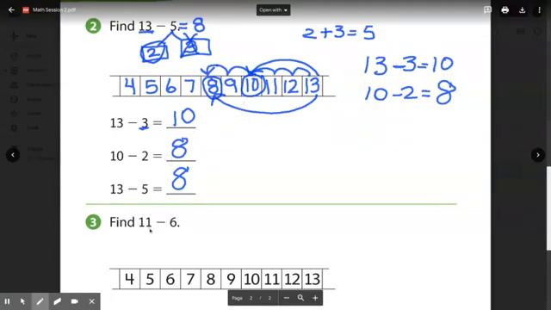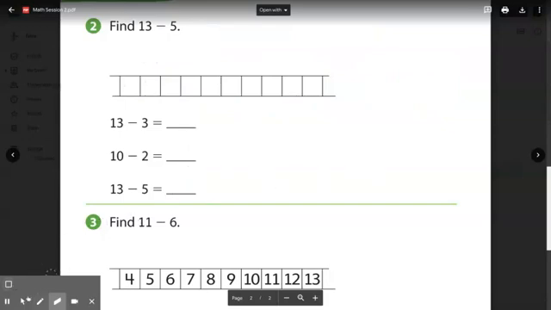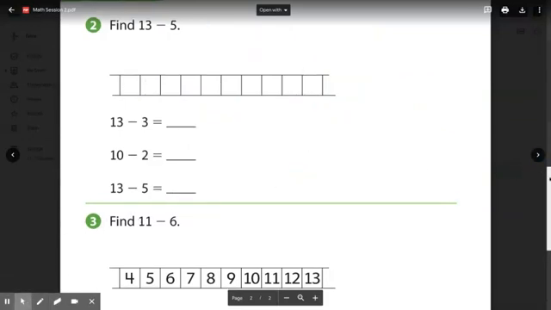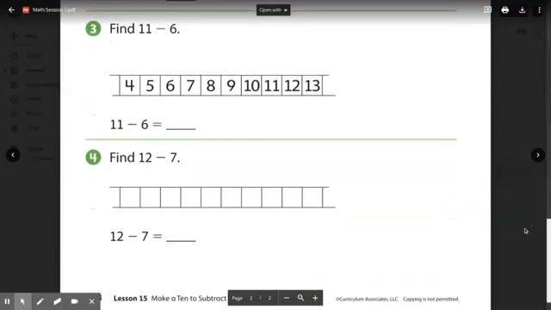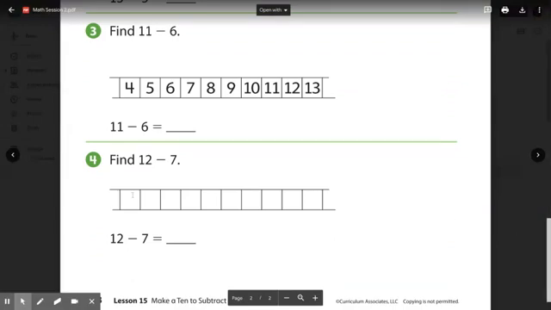But on your paper, I want you to write 11 minus 6, and then I want you to create a number path while I set up. There we go. Last 2 problems of the day.